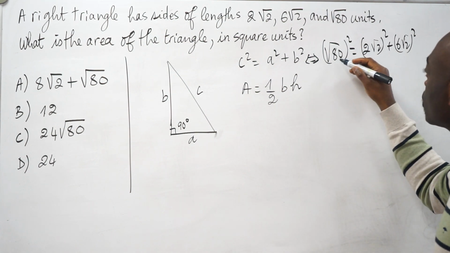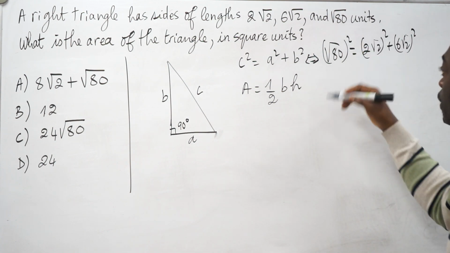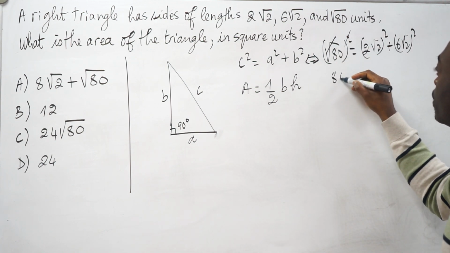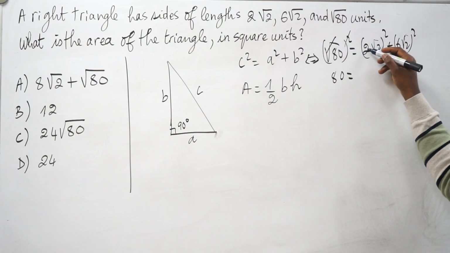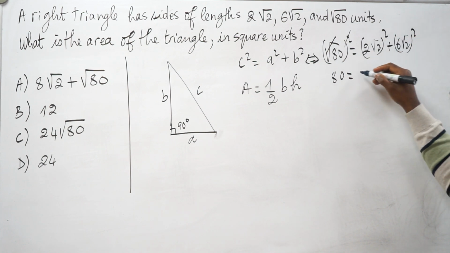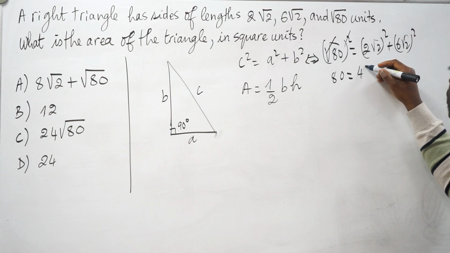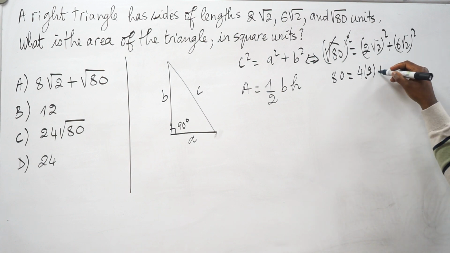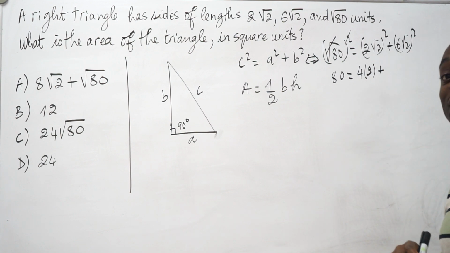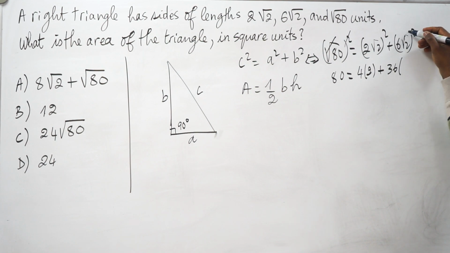So what's happening here? What is square root of 80 squared? The root is gone, so you end up with 80. And then 2 square root of 2 squared is 4 times, and if you square the square root of 2, it is gone, so only 2 is left. Then plus, 6 squared gives us 36, multiplied by 2 again.